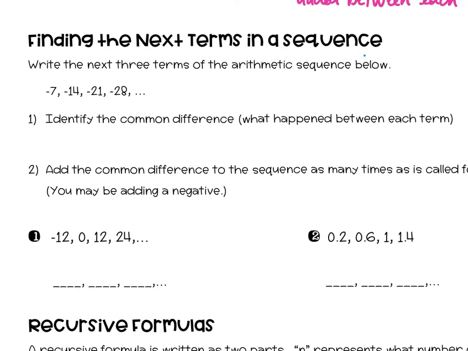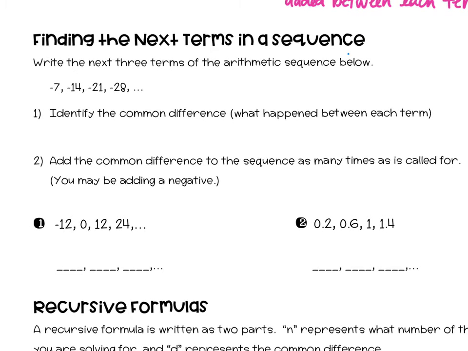Okay, so if you're trying to find the next terms in a sequence, they're going to give you a list or the sequence. So here we start off with -7, -14, -21, -28. All right, well, these negatives are kind of getting bigger in a sense. We know that actually means smaller, but the number is getting larger.